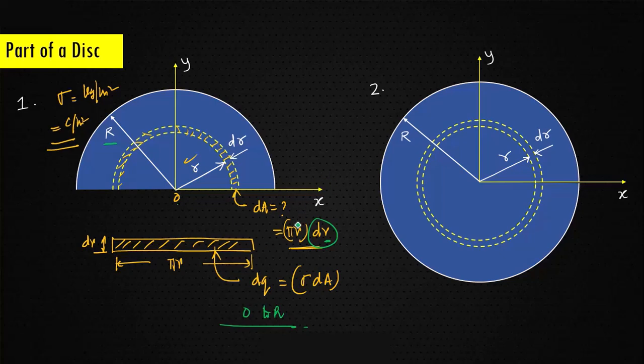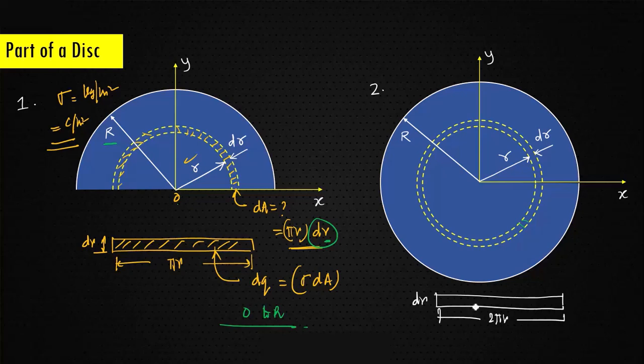Now if I take the complete disk, then the limit will be changed, and the elemental shape is also changed. Here I am moving by the same distance r, taking an element of thickness dr. Once I open it, the rectangle becomes like this. This is dr, but now this length is the total perimeter, that is 2 pi r.